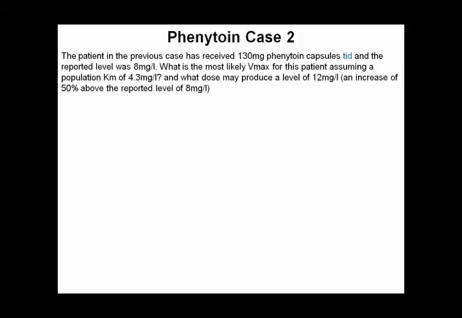If we have 2 levels, we will calculate Km based on the knowledge of the 2 levels and the 2 doses. But now we only have 1 level, so we will use Km of the population to calculate the patient's Vmax, then answer the question of what dose may produce a level of 12.